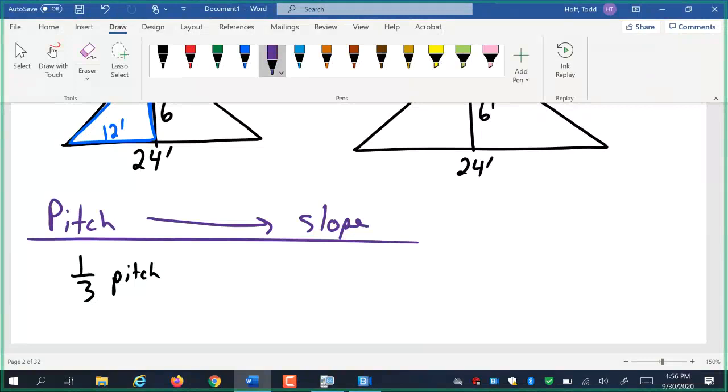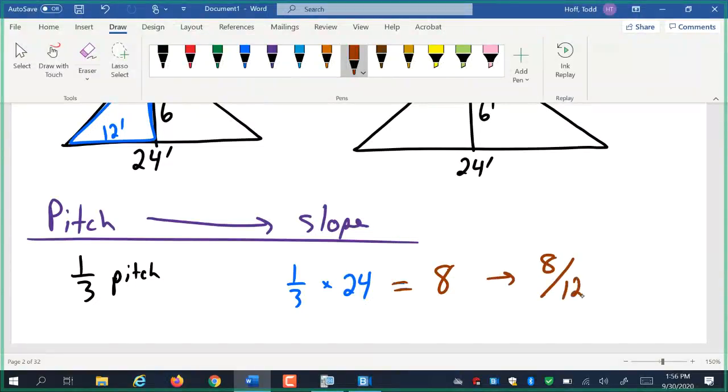Convert that pitch to a slope. I take the 1/3 and I multiply by 24. What is 1/3 times 24? It's 8. That is an 8/12 slope.